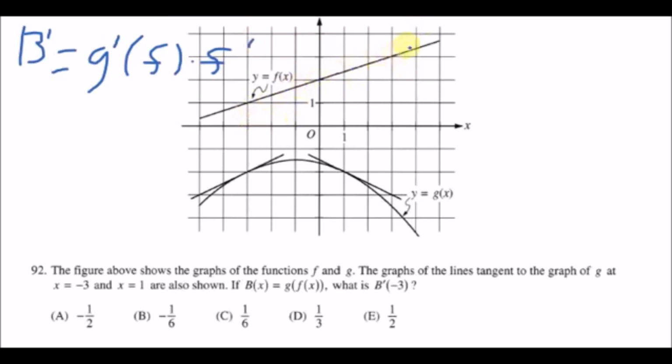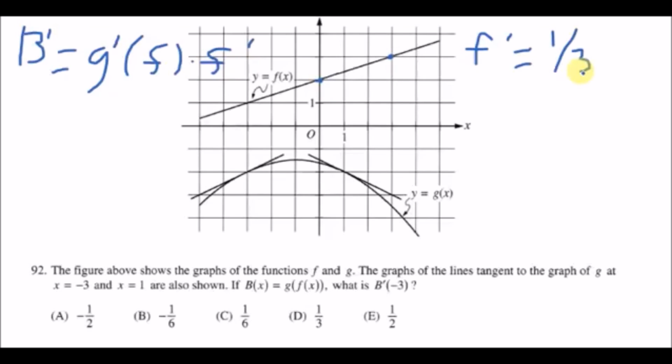Y equals f of x, this line here, it looks to me like it has a nice easy constant slope of 1/3. You can do the slope formula for that. So we get f prime equals 1/3 for all x there, and then we're looking at x equals -3.